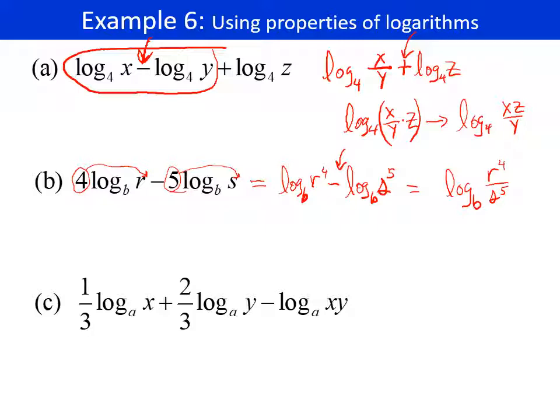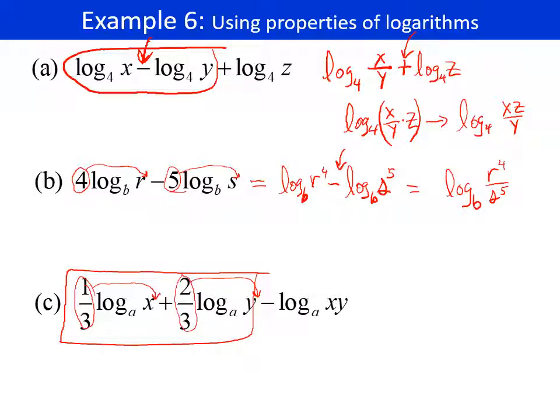The last one, similar to the first one, needs to be put together two at a time. So these two first. We'll do the same thing we did on the b part. We'll take the 1/3 and write it in the exponent, and the 2/3 in the exponent.